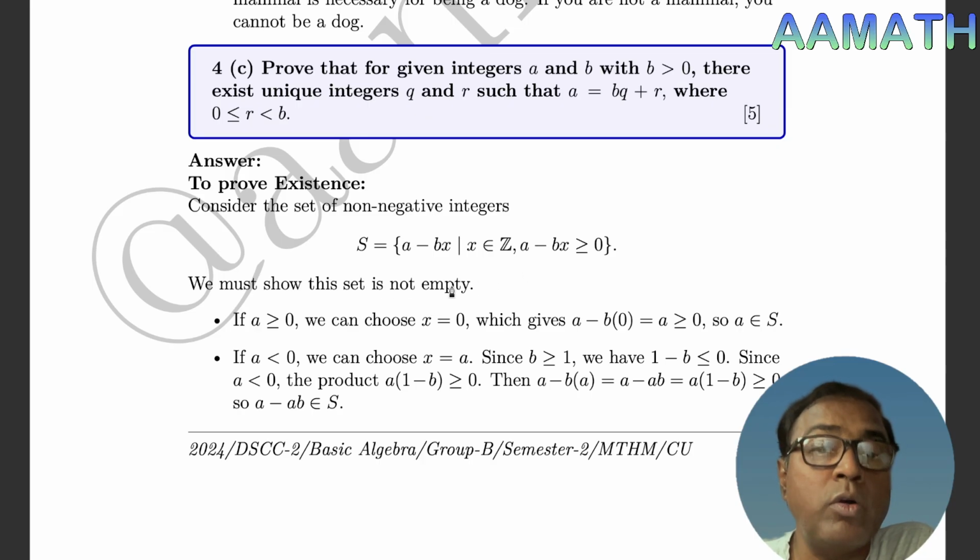Is S non-empty? If a greater than or equal to 0, we can choose x equal to 0. So a minus b times 0 is equal to a, which is greater than or equal to 0.